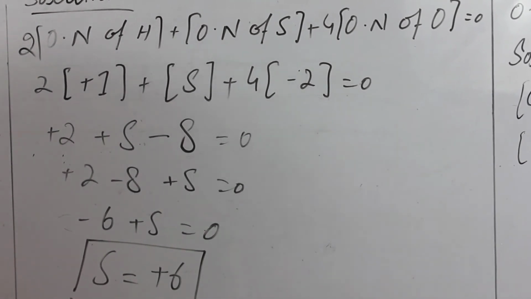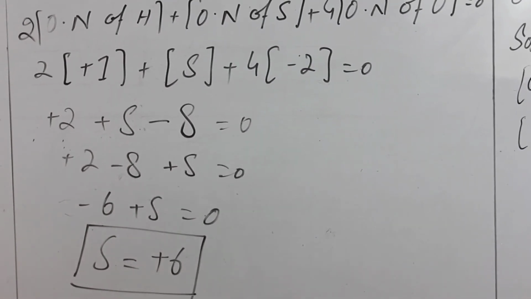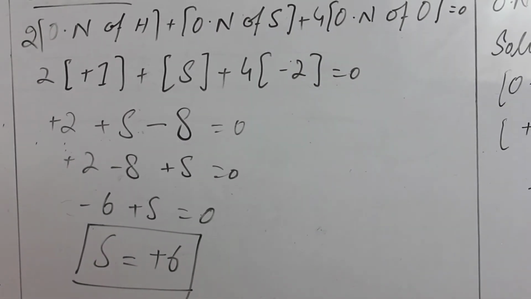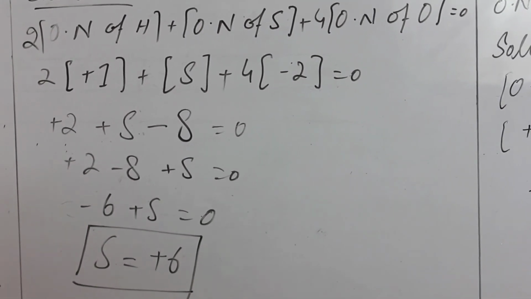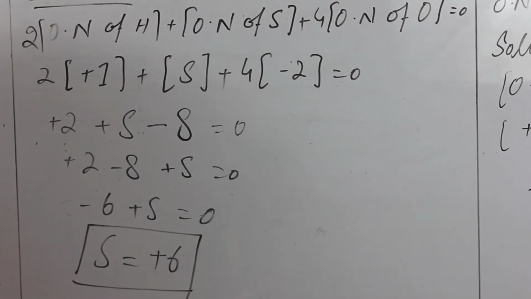In this compound, 2 atoms of hydrogen and 4 atoms of oxygen are present. That's why the number of atoms is multiplied by the oxidation number of oxygen and hydrogen, and we calculate the oxidation number of sulfur, that is +6.